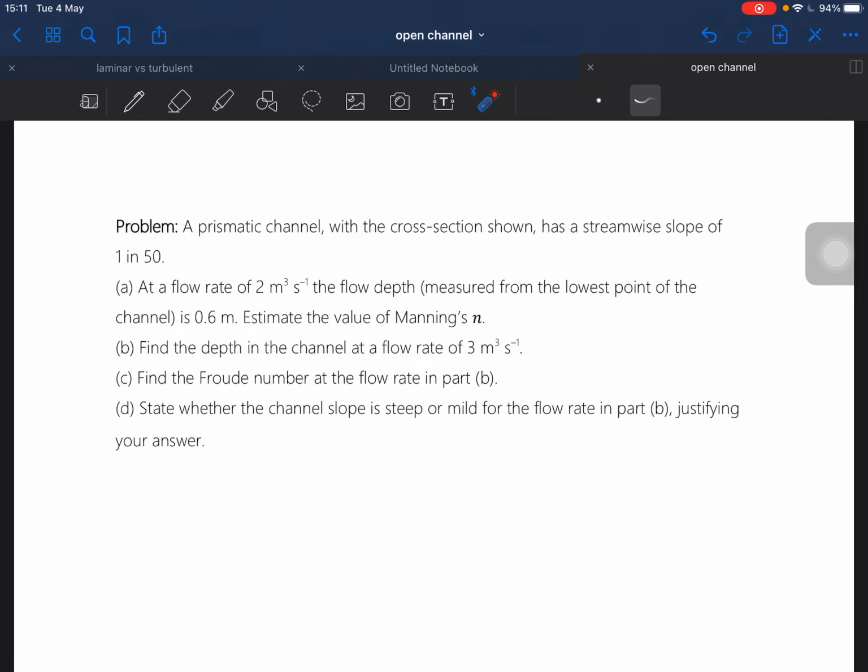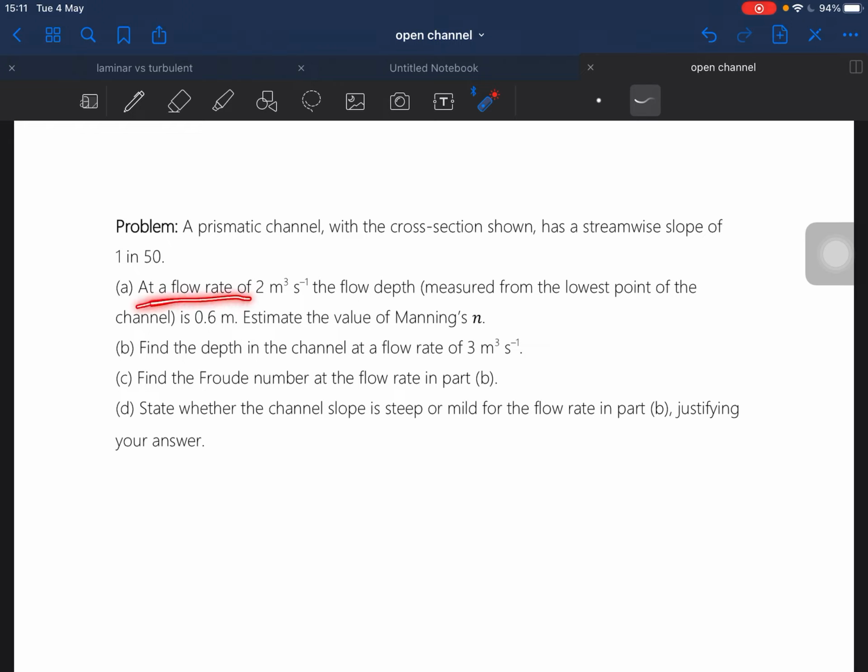So slope in 1 in 50 is supposed to be 1/50, right? So in this case, it's quite different here. Yeah, it's not the normal slope that we can see, so it's 1 in 50.